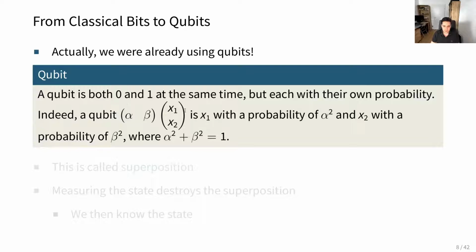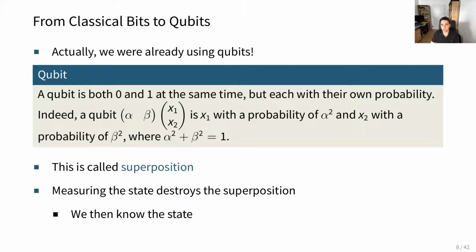Having different states with different probabilities assigned to them is what is called a superposition. The thing about this superposition is that once we measure the state, once we try to figure out in which state the qubit or a combination of qubits actually is, we destroy the superposition.